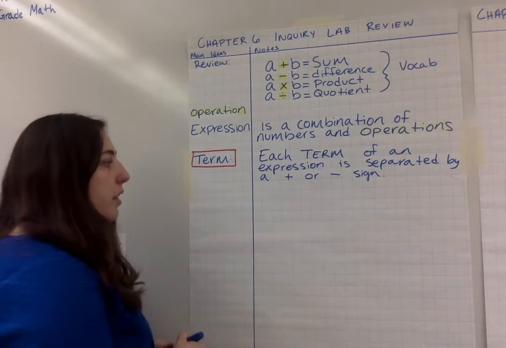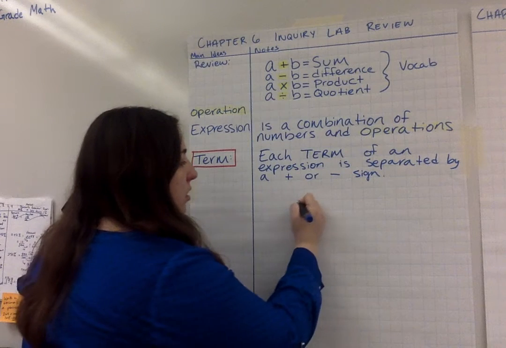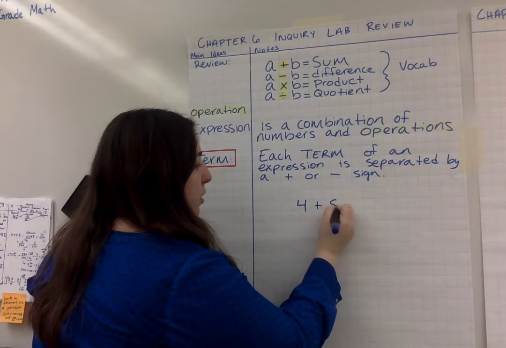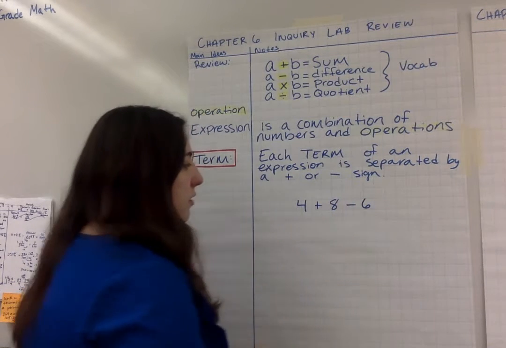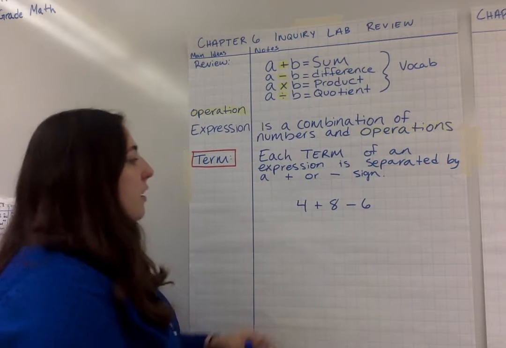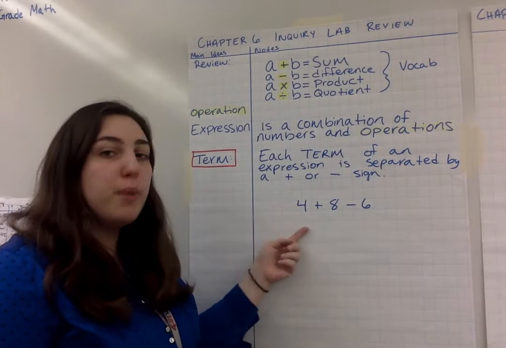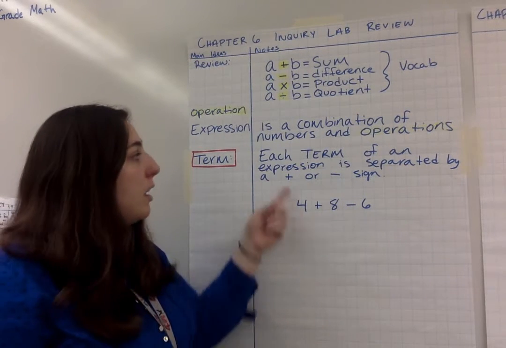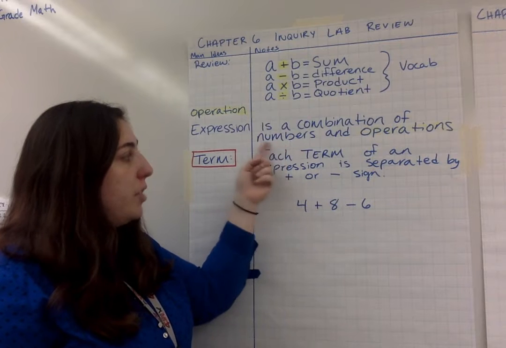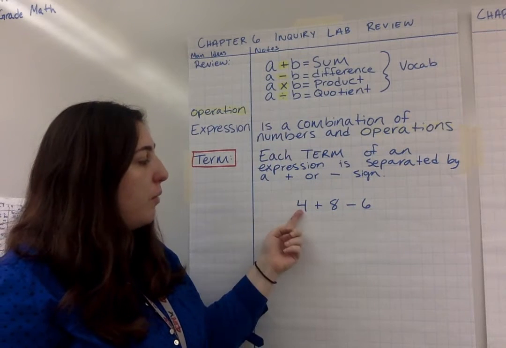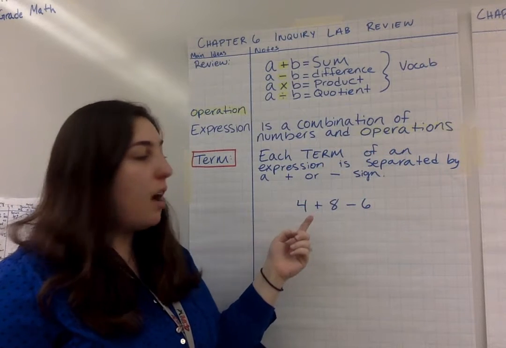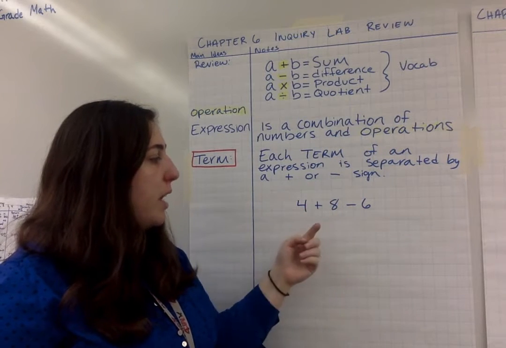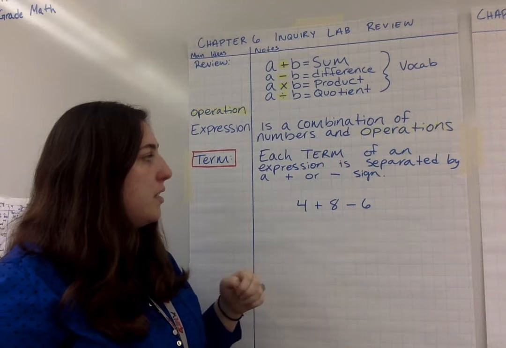So we're going to list some examples right over here. First, let's start with 4 plus 8 minus 6. If we look at this, this whole thing is an expression. It's a combination of numbers, 4, 8, and 6, and operations. The operations are addition and subtraction, so we have our plus and our minus sign.